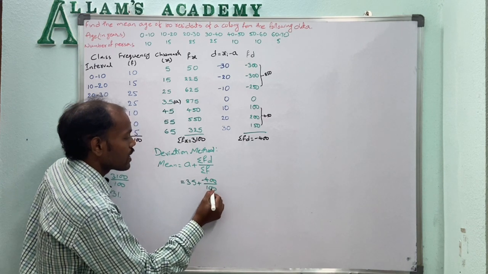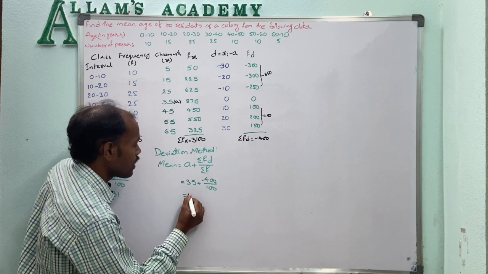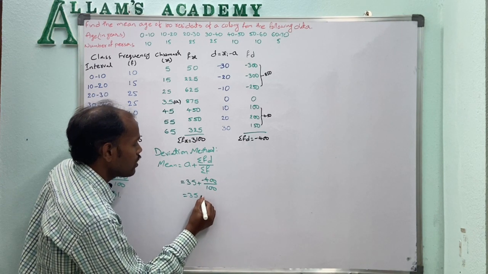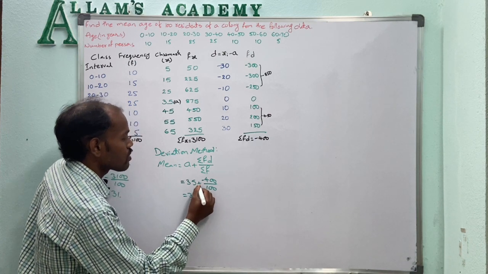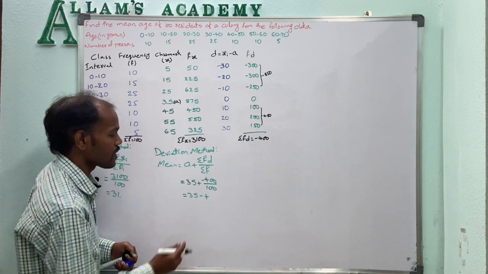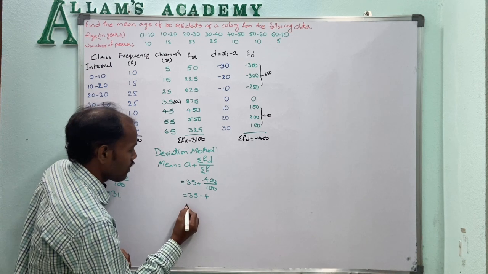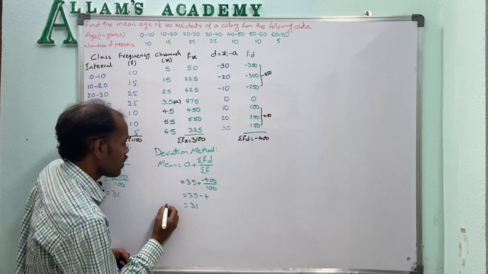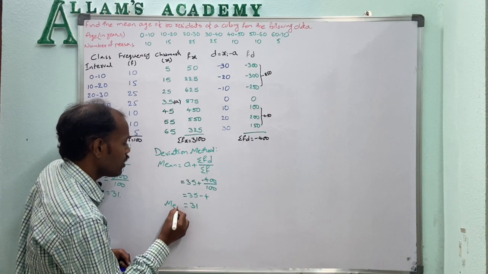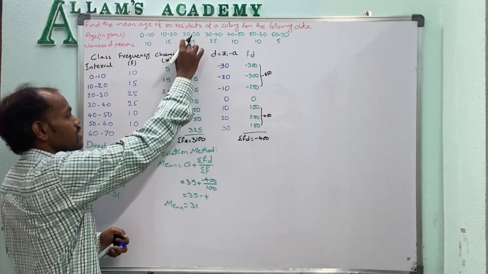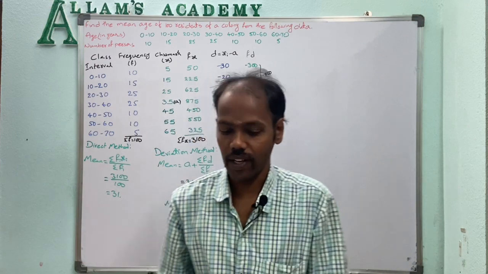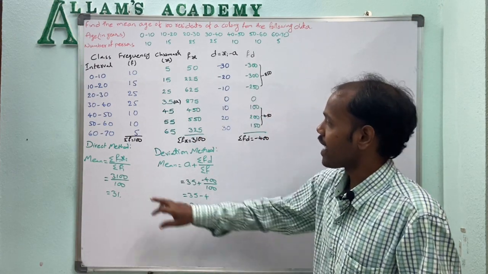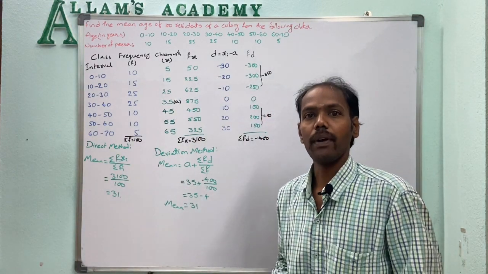So minus 400 by 100 is minus 4. Plus into minus means minus, so 35 minus 4 equals 31. So here also we get the mean age of this data equal to 31, the same as through the direct method.